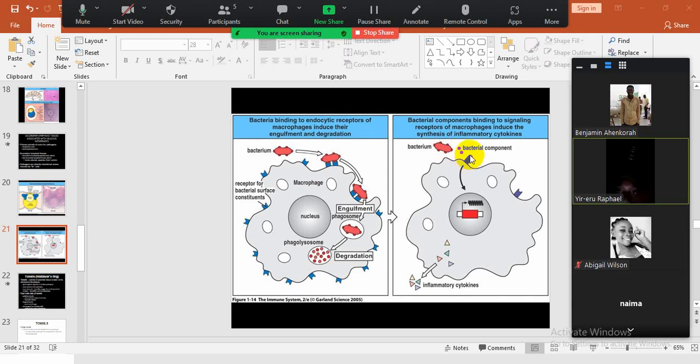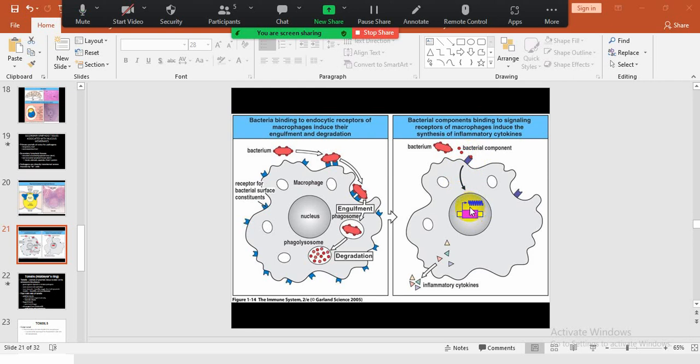Then the bacteria, the receptor antigen complex will now elicit signal transduction. So signal will be transduced from the receptor into the nucleus.